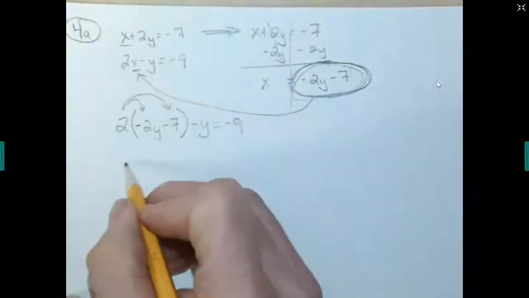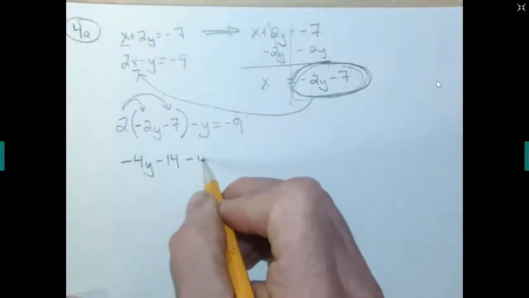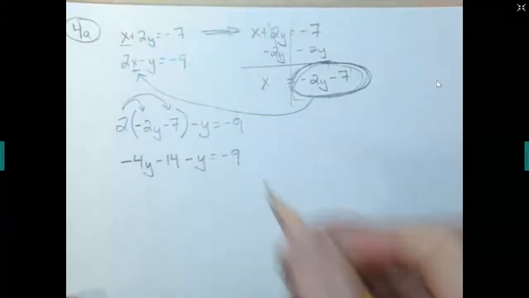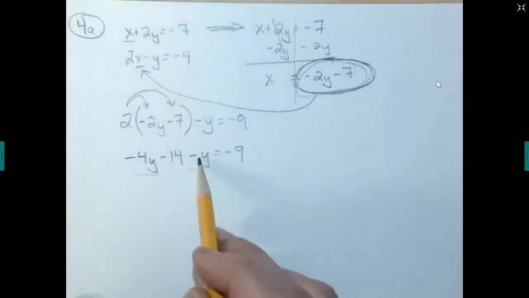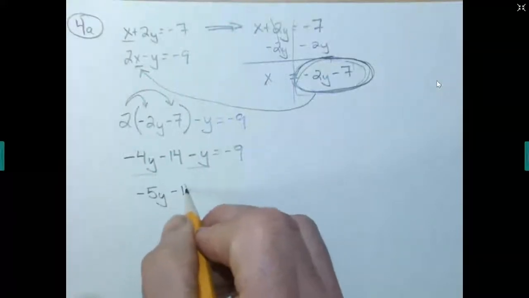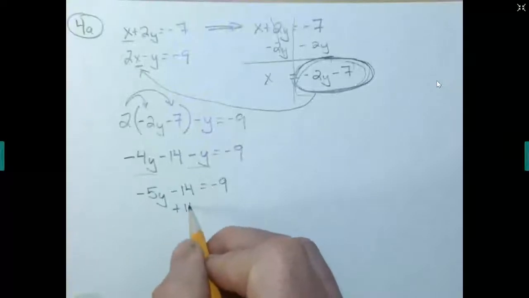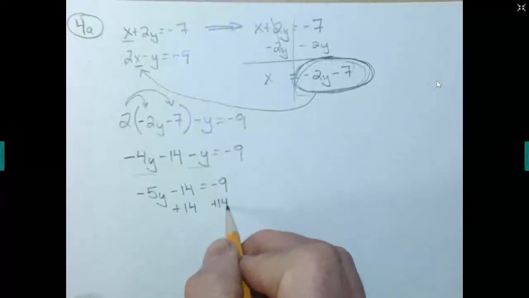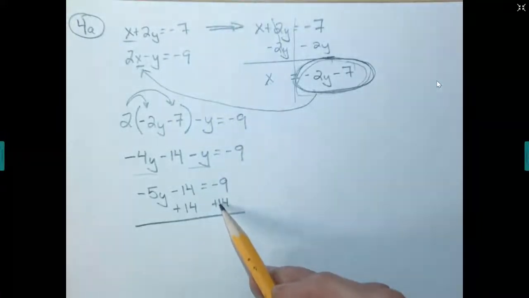So I distribute. So I have negative 4y minus 14 minus y equals negative 9. I'll combine my like terms. Negative 4y and negative y equals negative 5y minus 14 equals negative 9. Add 14 to both sides, and I get, what's 14 and 9?